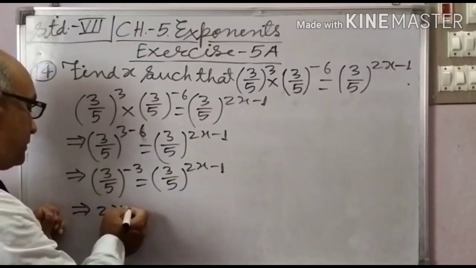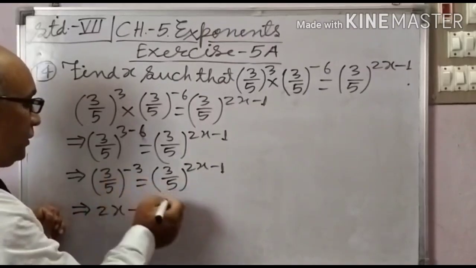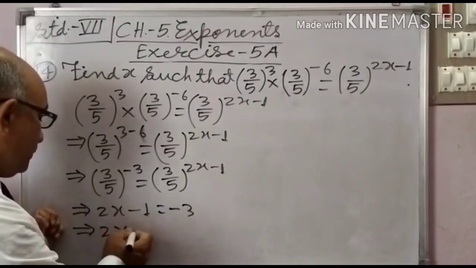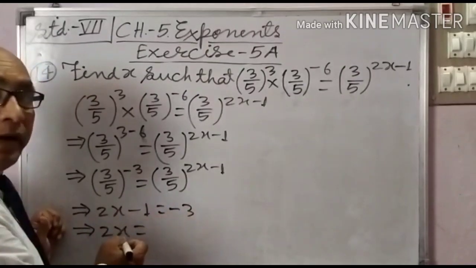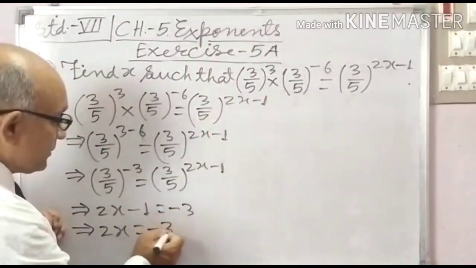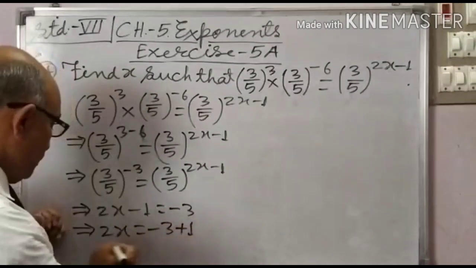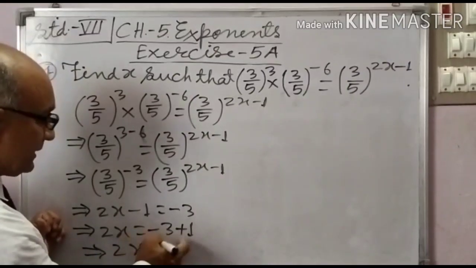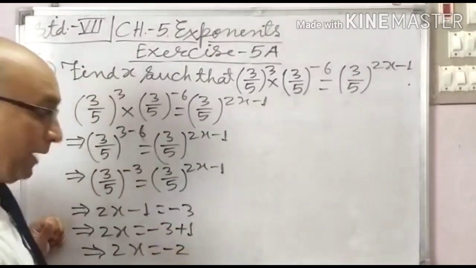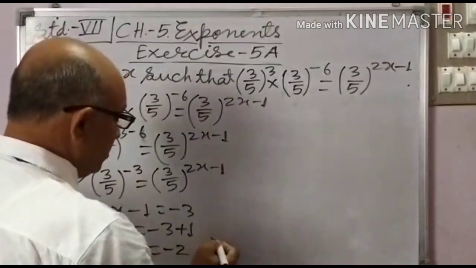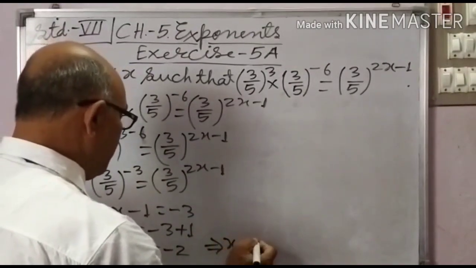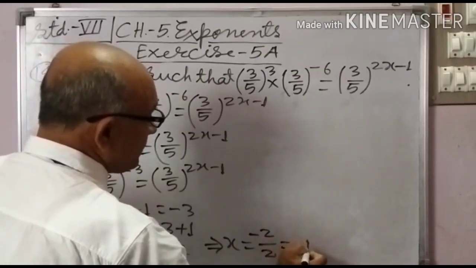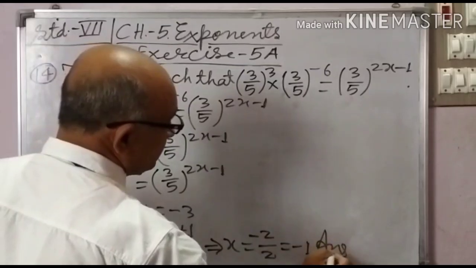So 2x minus 1 equals minus 3. That implies 2x equals minus 3 plus 1, which equals minus 2. That implies x equals minus 2 by 2, that means minus 1. Answer.